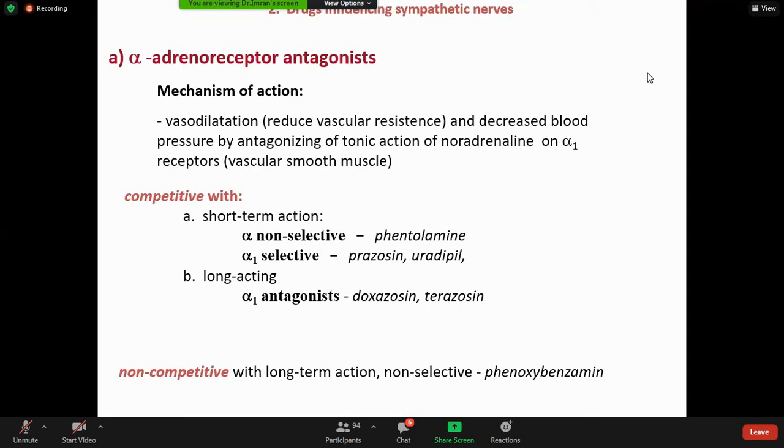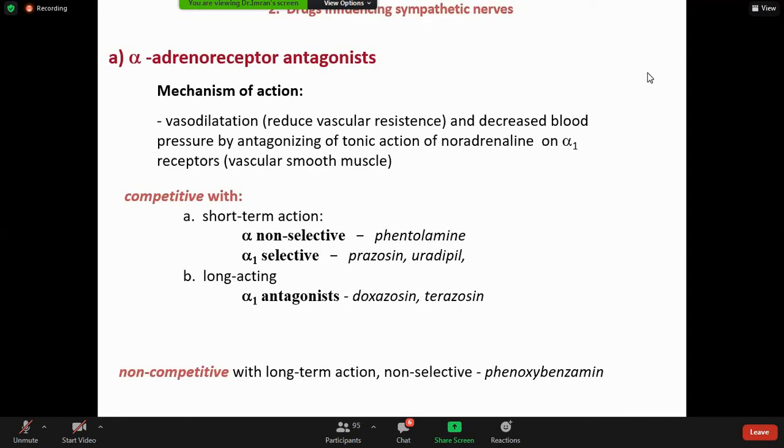Non-competitive with long-term action, non-selective, that is the example of phenoxybenzamine. What does it mean? Competitive versus non-competitive. Suppose prazosin is bound with the receptor. We can displace this prazosin if we give high doses of alpha-1 agonist, right?